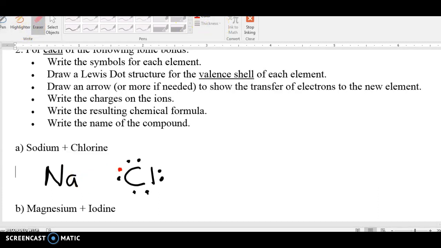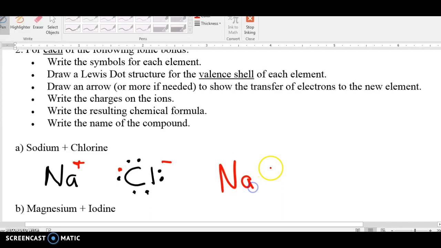So now the question becomes, write the charges on the ions. So if sodium lost an electron, what's its charge? It becomes +1. If chlorine gained an electron, it becomes -1. So now what you have is a +1 sodium, -1 chlorine, and they become NaCl.